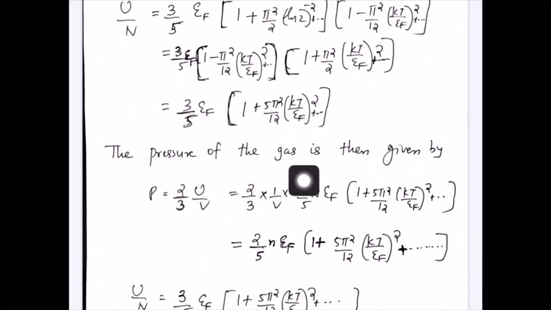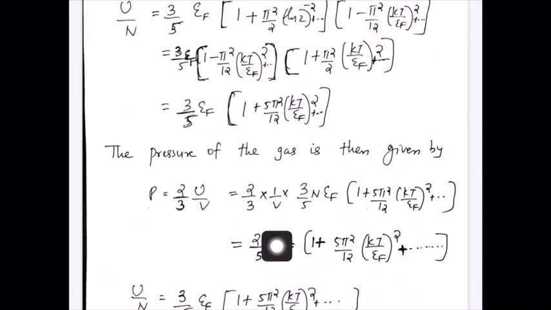So what is the pressure? So this we have calculated is U by N. The pressure of the gas is given by 2 by 3 of the energy density. So 2 by 3, 1 by V. For U I am writing this. U will be 3 by 5 N epsilon f. That will be U. Okay, that is written here.